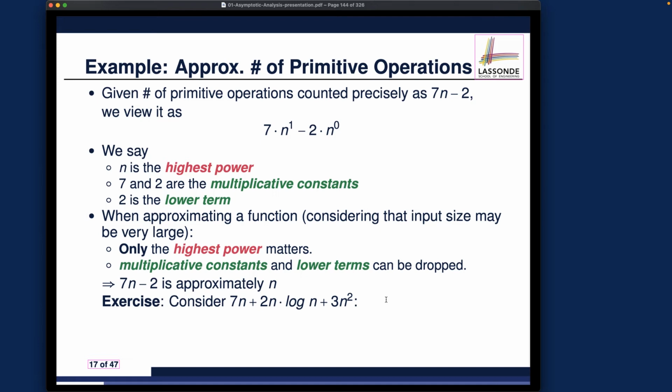In this course, if we don't say explicitly, whenever we talk about log, it's of base 2, because a computer stores the information in binary format. If it has to be a different base, I will tell you explicitly. Log n and also plus 3n squared.